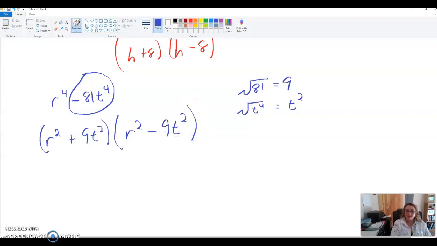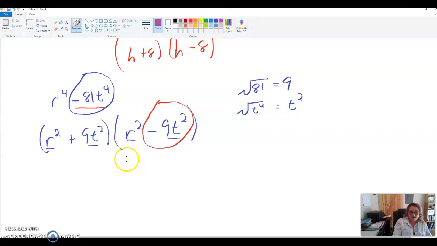So we have the difference, but we're not done at this stage because we still have a perfect square and a perfect square. This section, with the negative r squared minus 9t squared, is very similar to what we had in this situation. So this is going to be the difference of two squares.